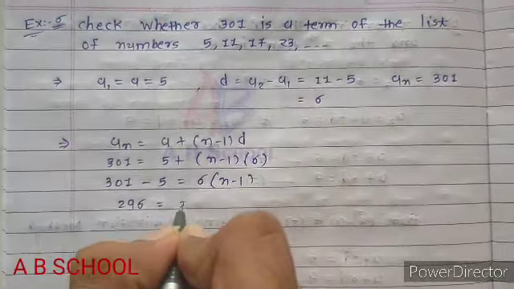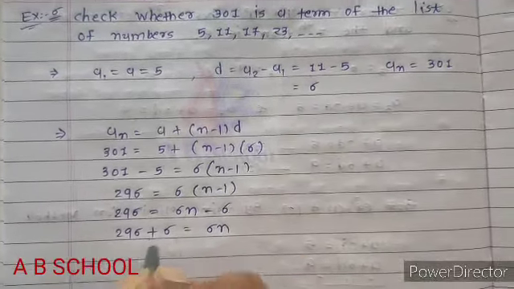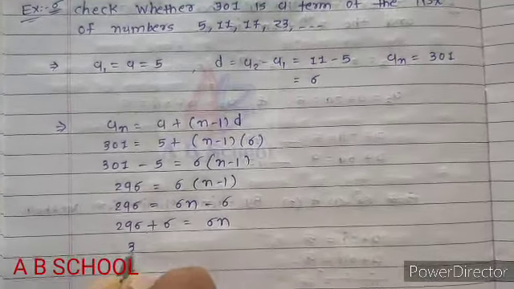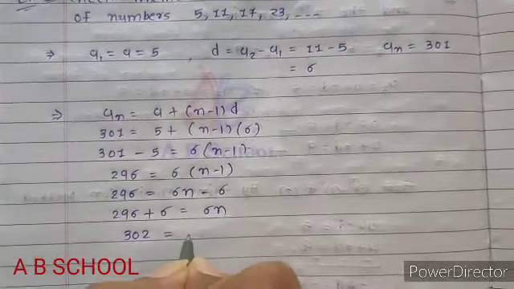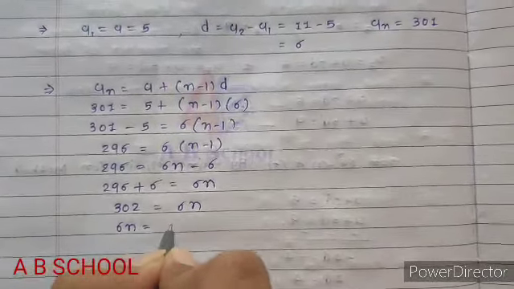So 296 is equal to 6 N minus 6. So 296 plus 6 is equal to 6N. 296 plus 6 is equal to 302 is equal to 6N. So 6N is equal to 302. So value of N is equal to 302 divided by 6 is equal to 151 divided by 3.